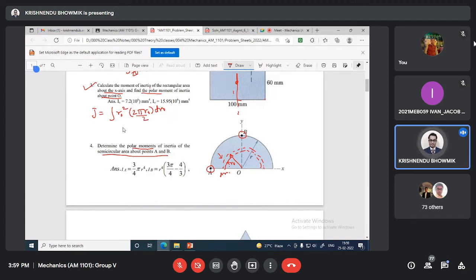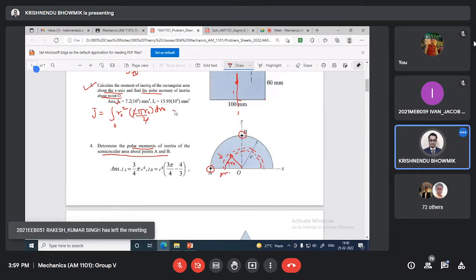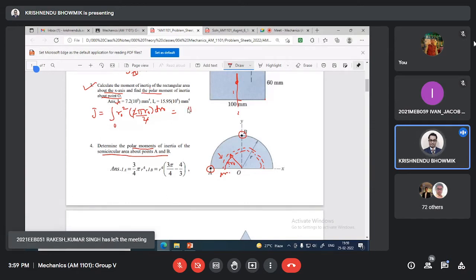This was the formula. If I use this directly, we will get the value pi r power 4 by 2 for J. It was for the full circle; half is this. This is the J value.